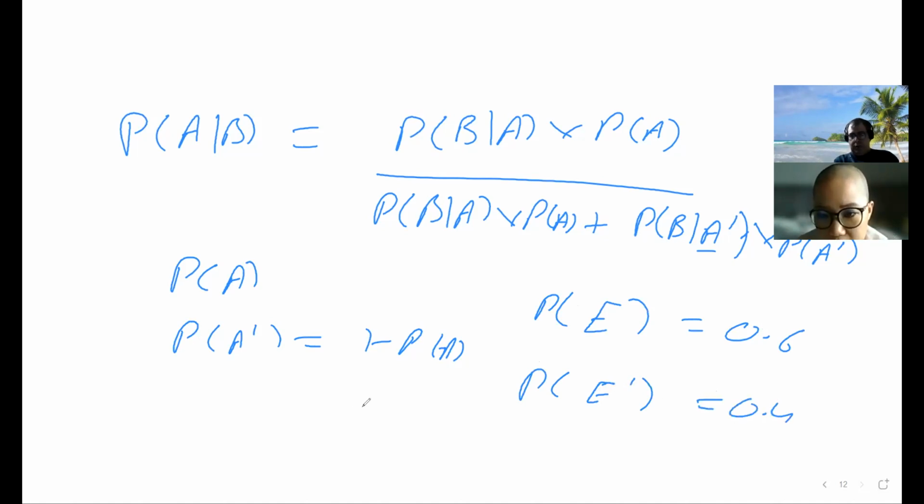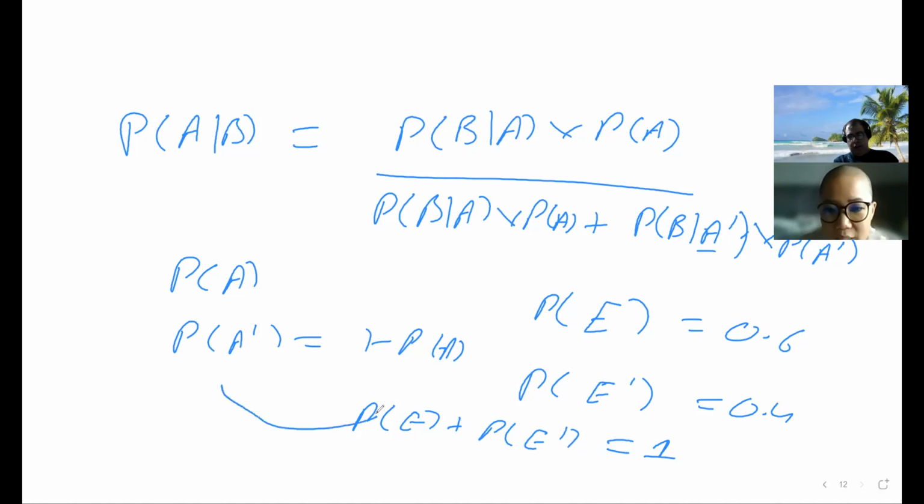So it means P(A) plus P(A dash) equals 1. So this A dash is the remaining probability, a transpose of A, the transpose of the event. You can also say A not, which is also a word being used.